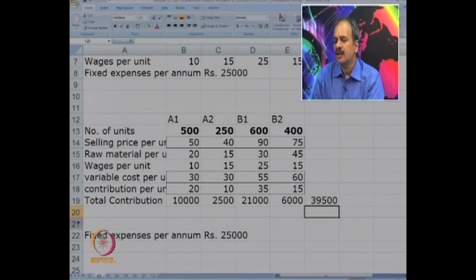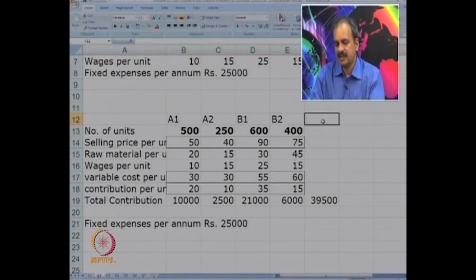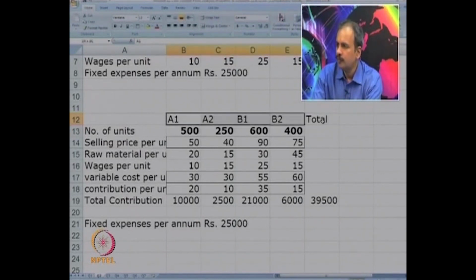39,500 is the total contribution generated by these 4 products. From this we will subtract the fixed cost 25,000.